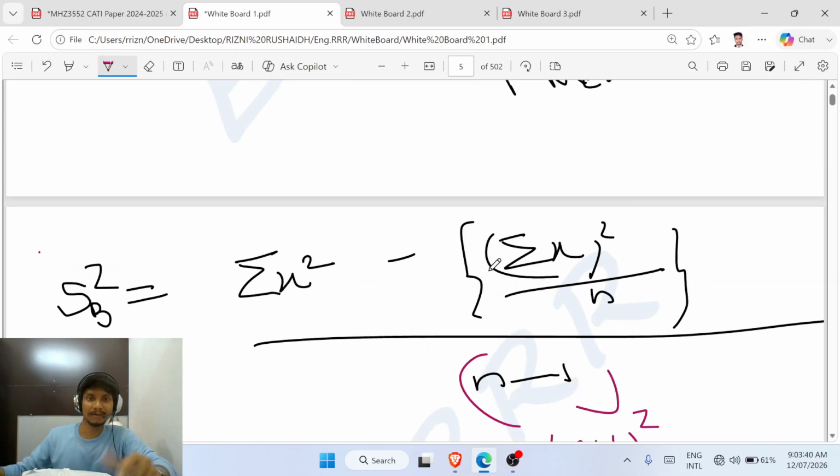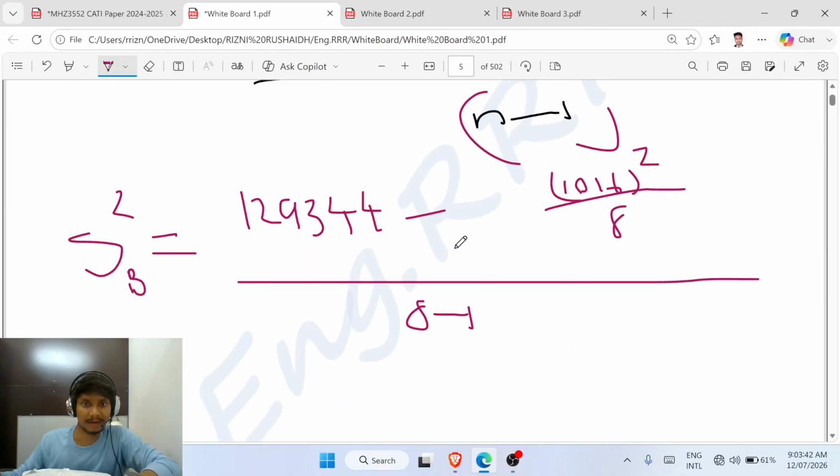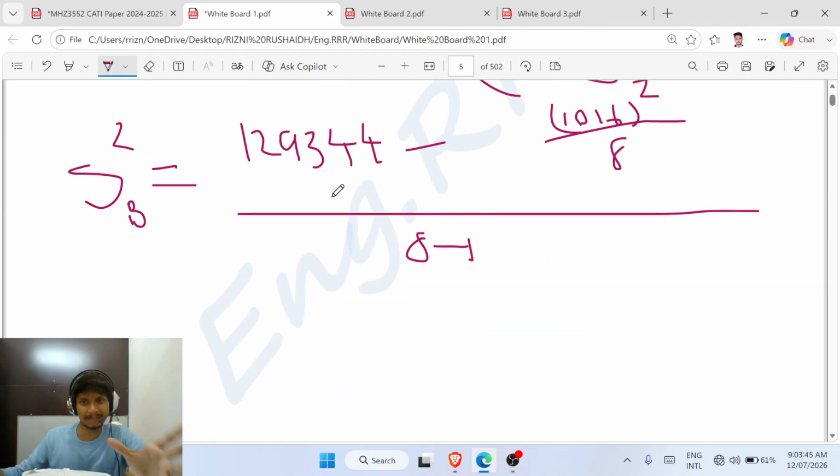We just substitute the values into the equation. This is very easy.